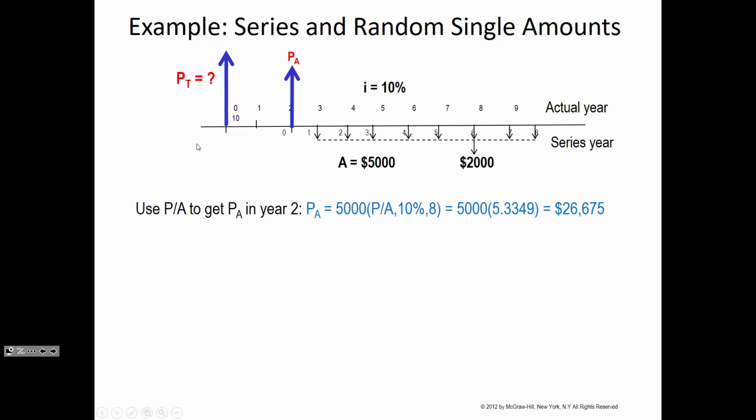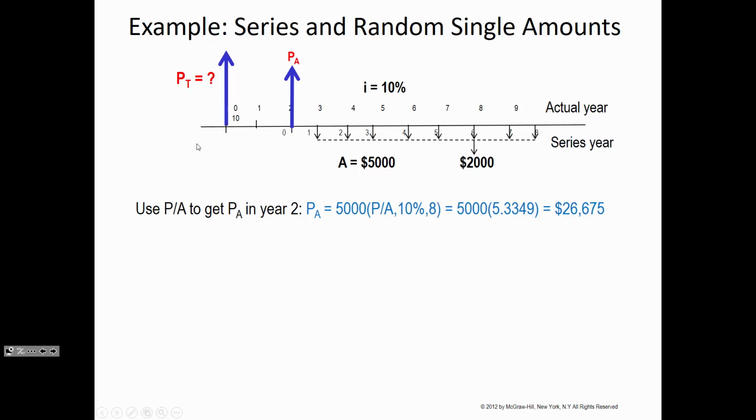And so our solution strategy is first of all to find the present value of the annual series, so 5,000. And you'll notice that within the brackets, we've summarized the problem that we're going to be doing. We've summarized that this is find the present of an annual series. Now, when we say present, the P that's listed here isn't the actual 0-year present, but it's the present of that secondary time axis where we have 0 underneath year 2.